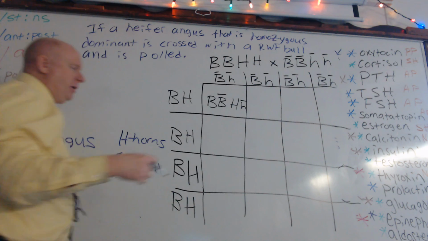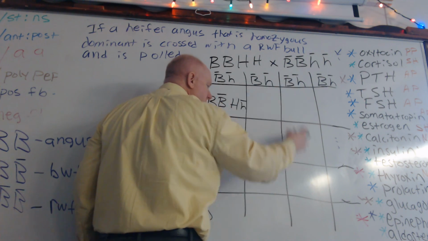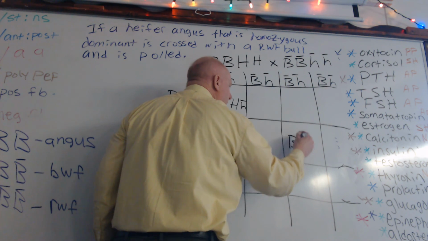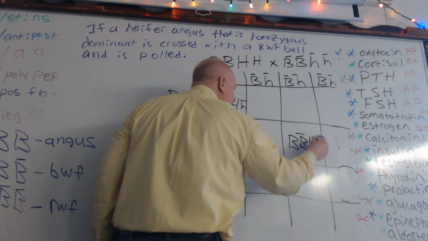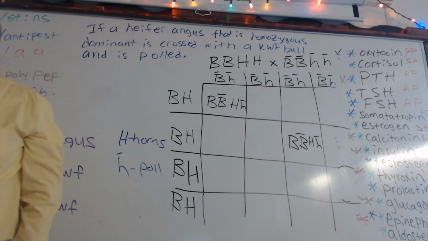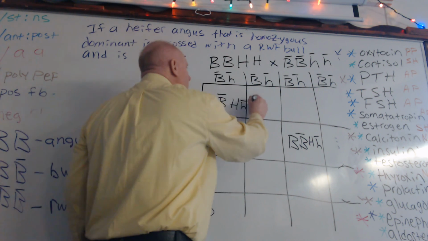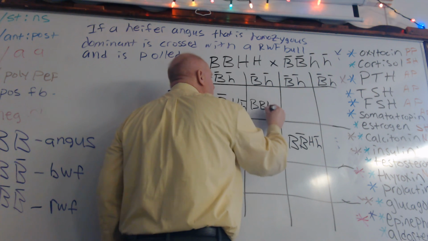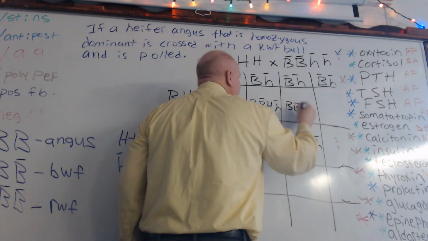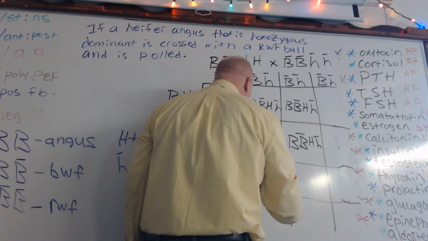You just tell me, pick another box. Tell me where to go. Okay? Okay, that's also a black-white face with horns. So all of these are going to be black-white face with horns. Doesn't matter which box you do.